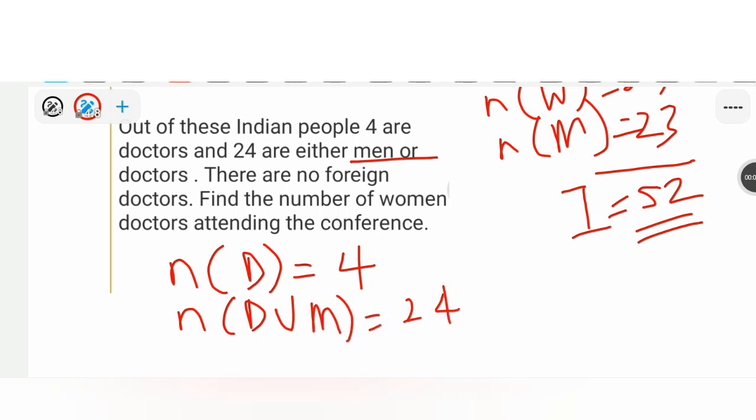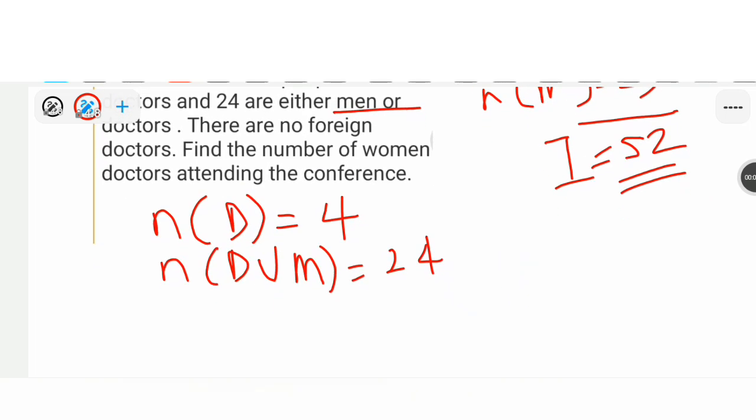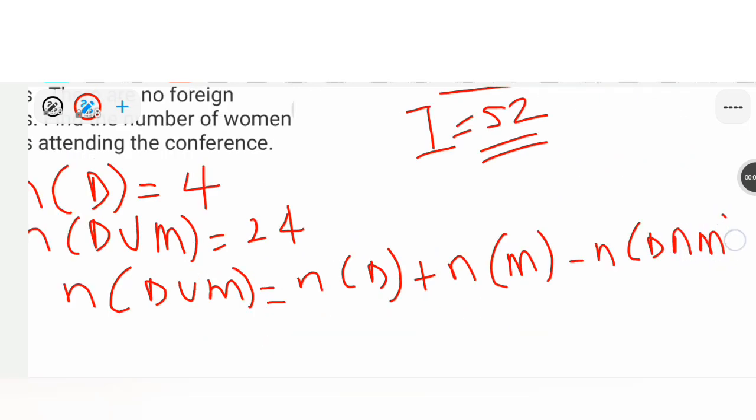So from here you can find the people that are in both sets. Use this formula for 2 sets. Just combine both of them, doctor and men. So you have ND union M. You're going to get ND intersection M. So you need to minus the intersection from the formula I gave you.